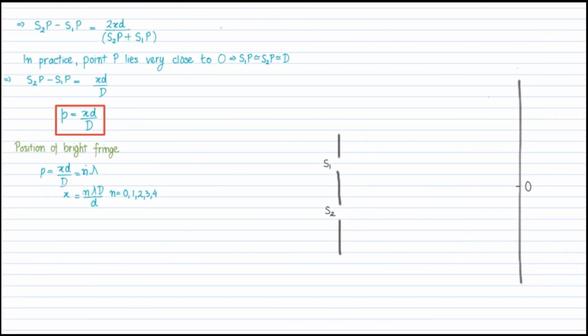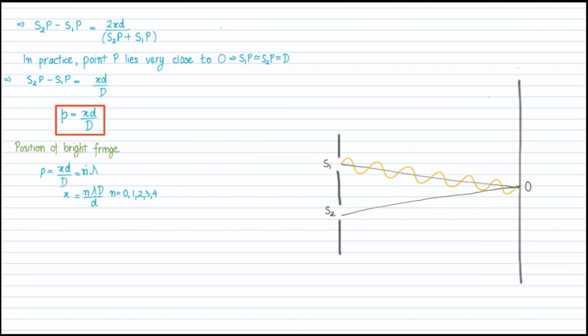Now again consider your slit and the screen. This point O represents the center of the screen. Consider the light traveling from S1 to O and the light traveling from S2 to O. From S1, 1 wavelength, 2, 3, 4, 5, and 6 wavelength.